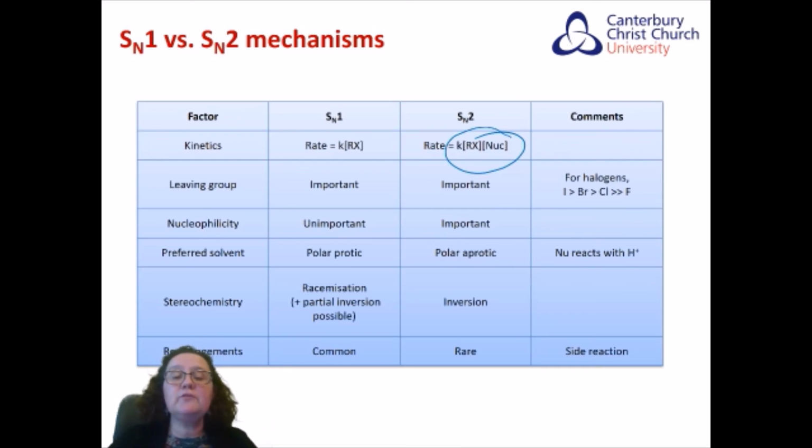The preferred solvent for an SN1 reaction is a polar protic solvent, and for an SN2 a polar aprotic solvent. And in general, for stereochemistry, if the carbon where you're doing the substitution reaction is a chiral carbon, then you have an inversion of the stereochemistry for an SN2 reaction, and some mixture of racemization, with sometimes one of the stereoisomers favored, in the SN1 reaction.